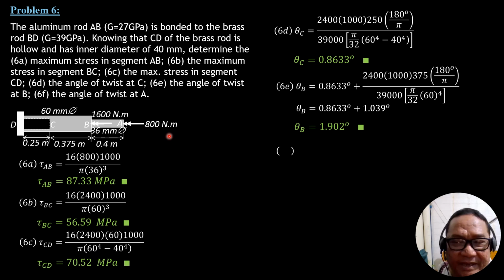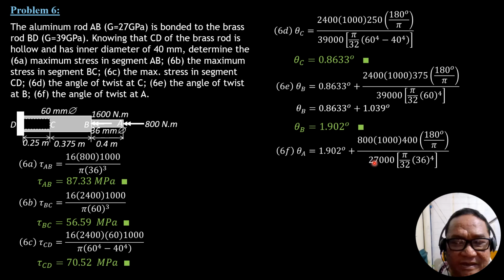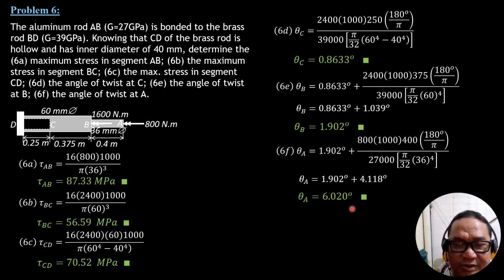So theta A is 1.902 plus 800 times 1000 to convert it to Newton mm, length 400 mm, conversion factor divided by G of aluminum rod 27,000 megapascals, then polar moment of inertia pi over 32, diameter 36 mm raised to 4 for solid shaft. So that would be 1.902 degrees plus 4.118 degrees, combining, that's 6.020 degrees. So that's it for this video.